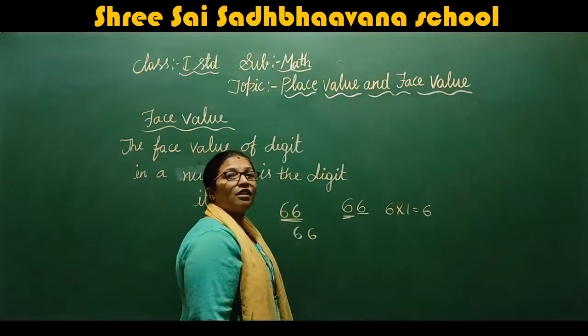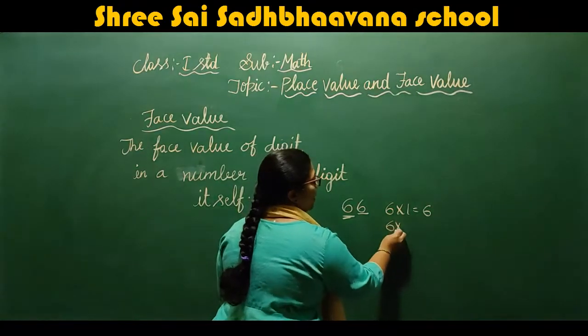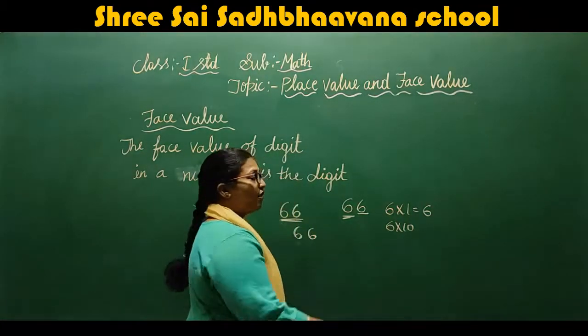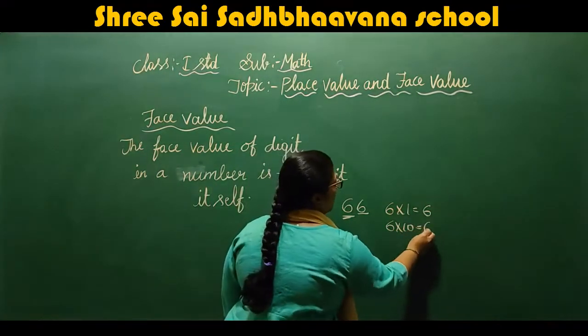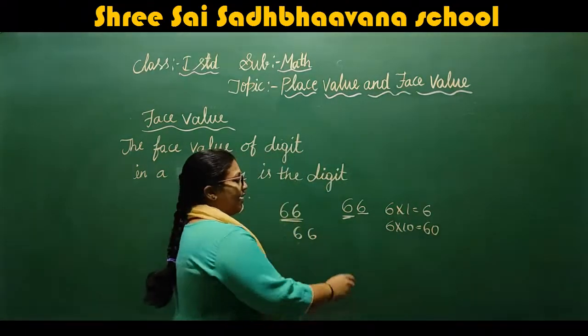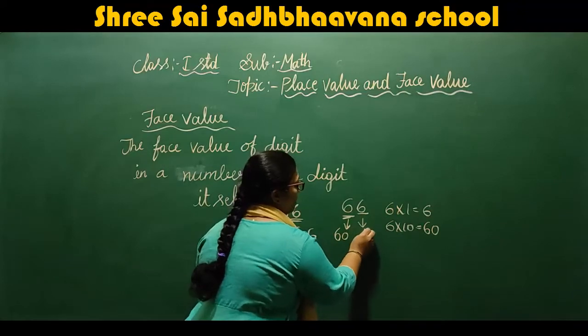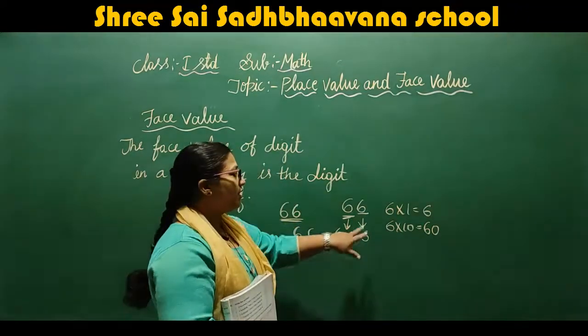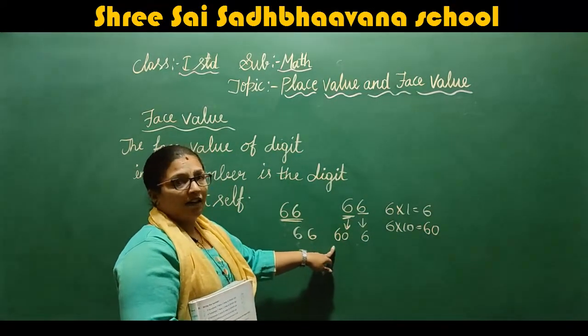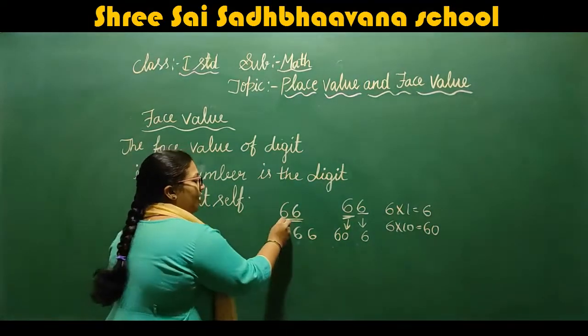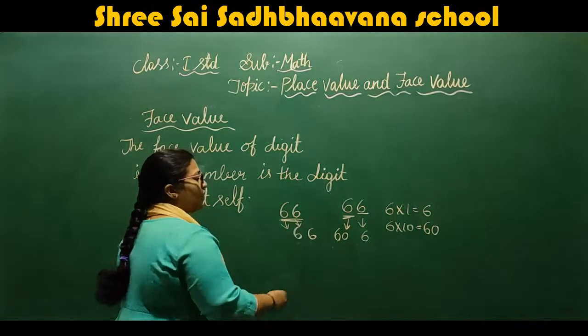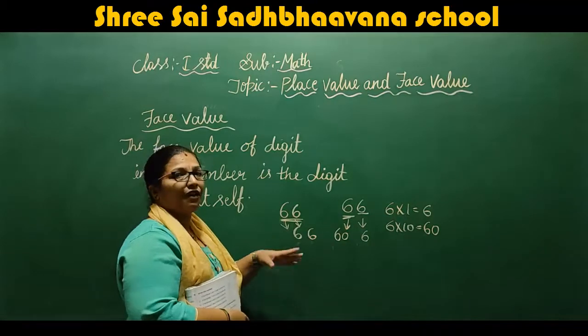So this 6 is now in which place? It is in the 10th place. So what will be the answer for this? 60. Right children? This will be 60 and this will be 6, because one is in the 1's place and one is in the 10th place. But here it is the same. You should write 6 only wherever it is.